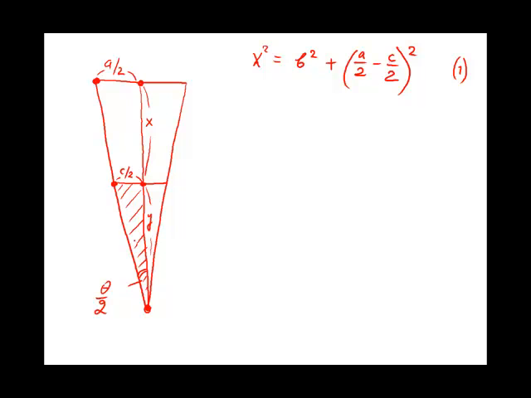Let's consider the big triangle. I say that a over 2 equals x plus y times tangent theta over 2.